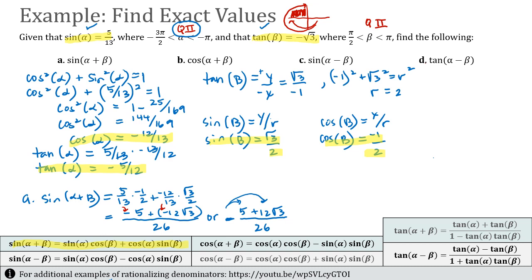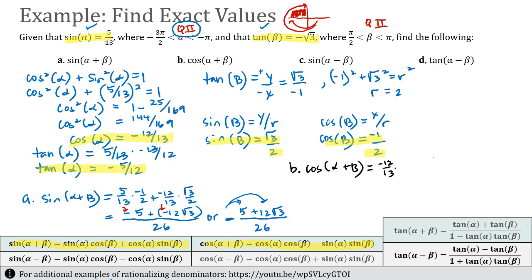I'm going to do part B in a different color. Part B says to find the cosine of alpha plus beta. So what does that equal? Cosine of alpha plus beta is going to equal the cosine of alpha. What is the cosine of alpha? It is negative 12 over 13.